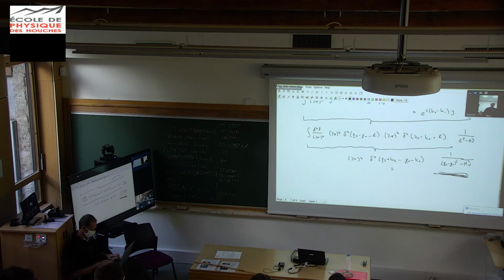So we can just write this as a Taylor series or geometric series. Let's call it the momentum transfer Q. So we have Q squared minus m_V squared. I can just factor out minus 1 over m_V squared times 1 over 1 minus Q squared over m_V squared.